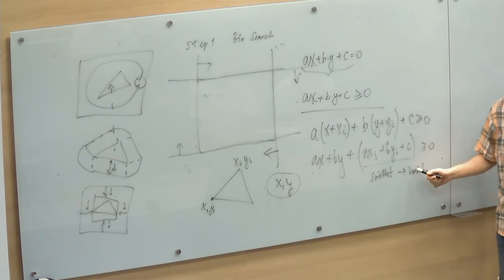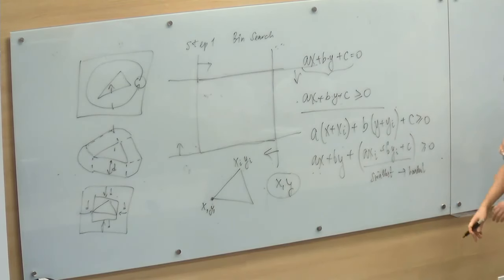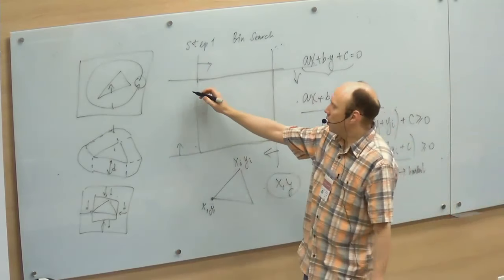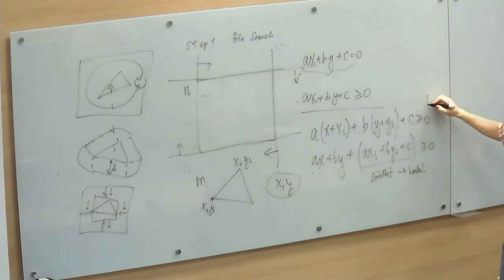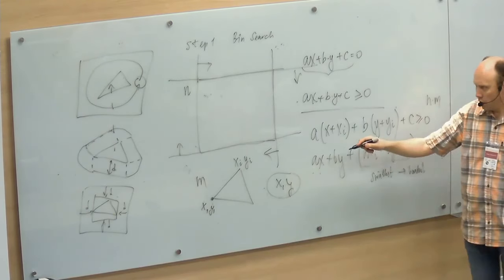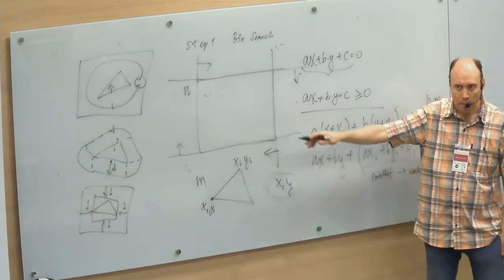So this value must be the smallest to be the hardest to satisfy. So we have n sides here, m sides here, we have n times m such inequalities, but for the purpose of half-plane intersection, we can only keep the one for each of the sides of the bigger polygon.